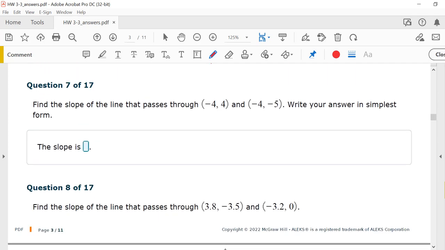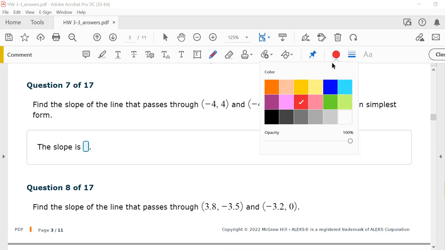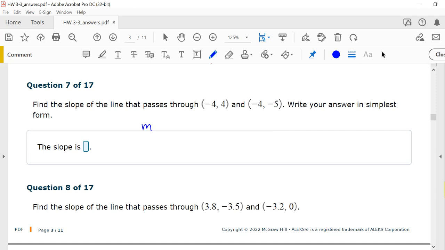Number 7. Here we go. Slope is y2, negative 5, minus y1, 4, over x2, negative 4, minus x1, negative 4.